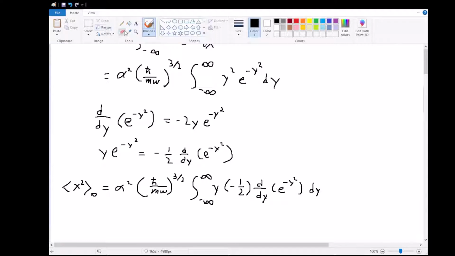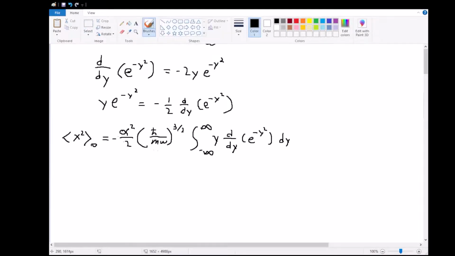So we can move the negative 1/2 over to the other side, so this becomes negative alpha squared over 2, and then move everything over. So we're left with this.